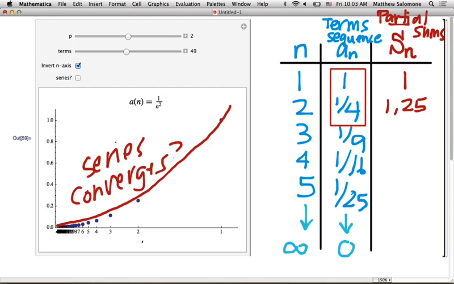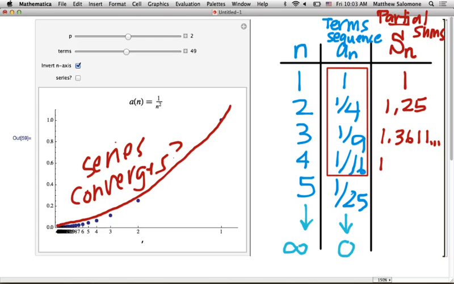The third partial sum, 1 plus a quarter plus a ninth, that's going to be 1.3611 repeating. So there's the value of the third partial sum. The fourth partial sum, I'll need to add 1/16 to that. Let's see how long I can do this without a calculator.